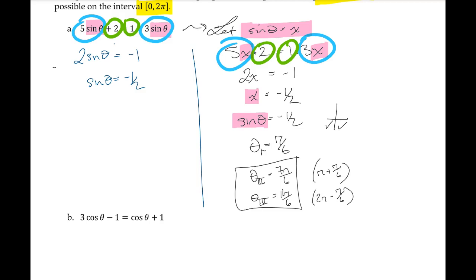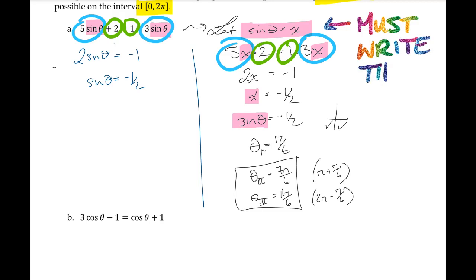If you choose to do this method, the key thing is that you must write this statement. Otherwise, all of a sudden, you've introduced a new variable into the equation with no explanation of what it means or what it represents, and that costs you marks, and it just is confusing to an outsider who's trying to read your work. So that statement must happen in order to use this strategy.